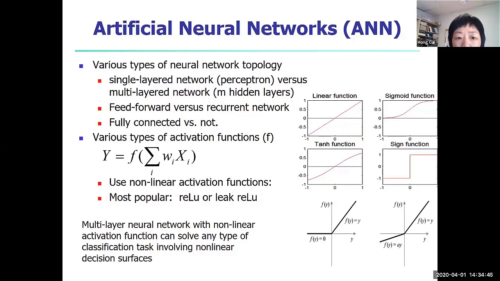There are various types of neural networks that have been used. The single layer network, the perceptron, is one example, versus a multi-layer network with m hidden layers. A lot of networks are feed-forward, like what we just demonstrated, but some are recurrent networks, which means that the information can actually feed back from a later layer to a previous layer.